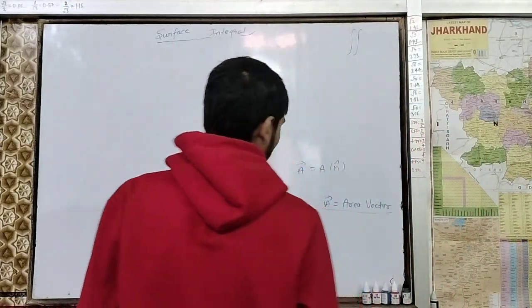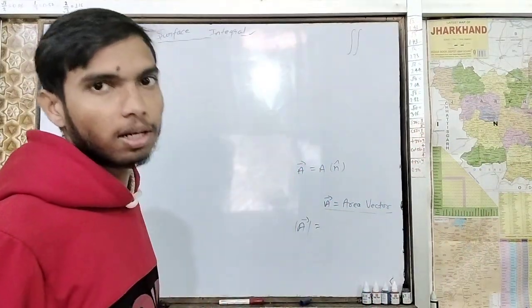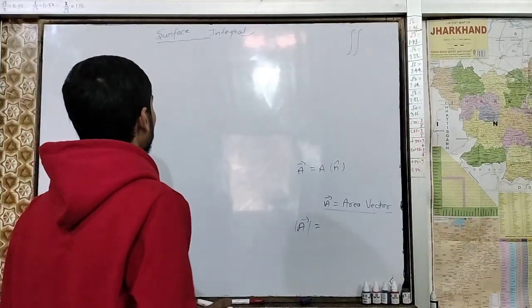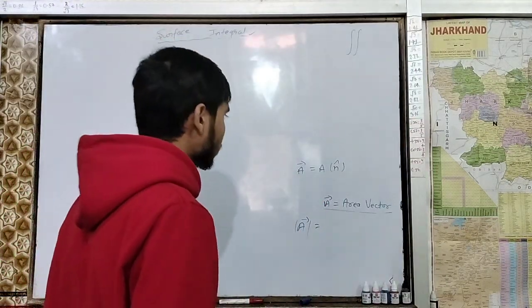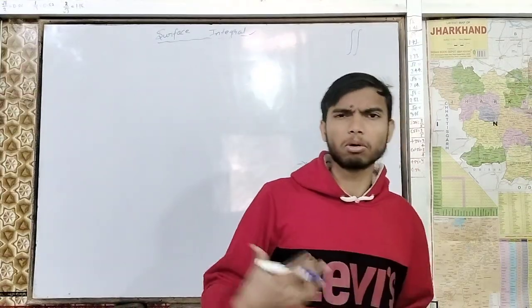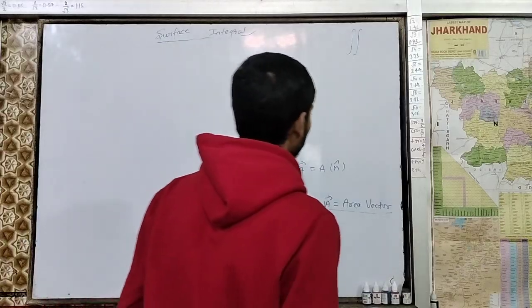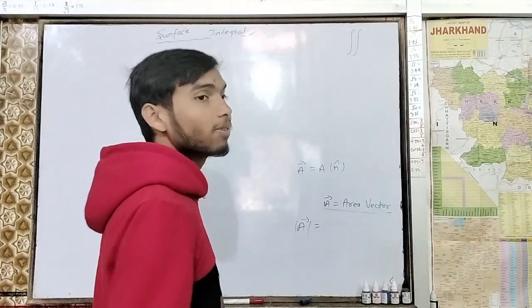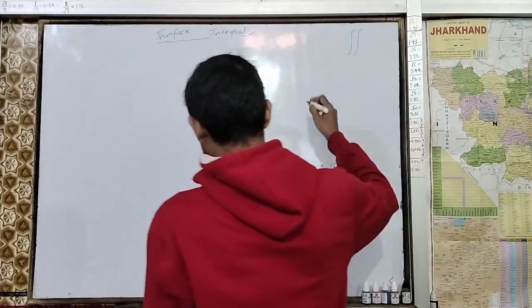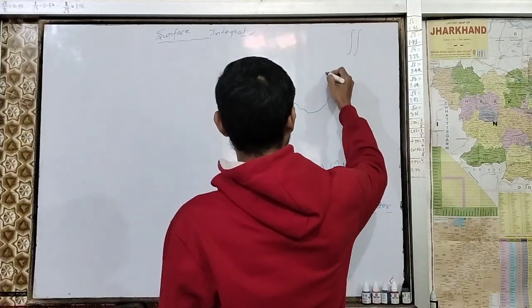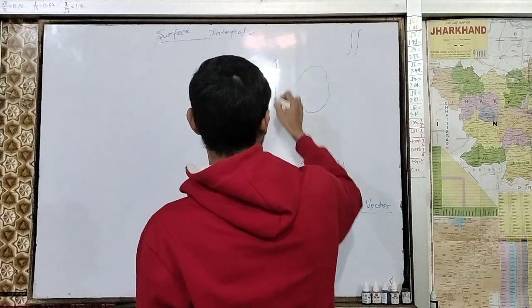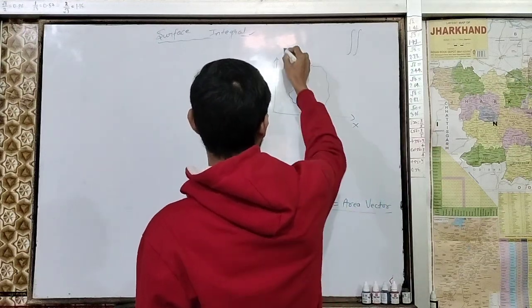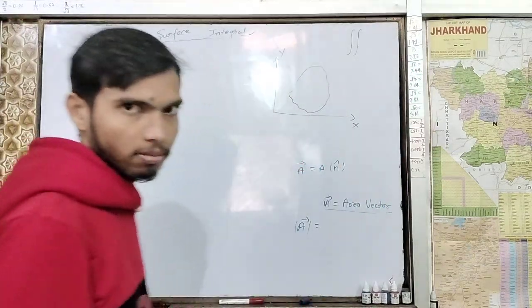Let's draw a figure for a surface so that we can completely visualize it and get more clarity. A drawing is made so that the student can visualize. This is our surface.